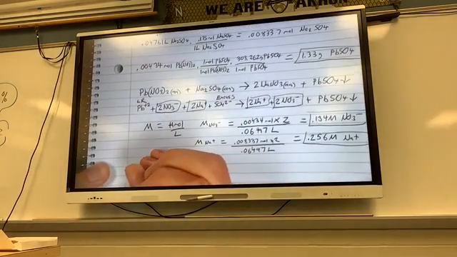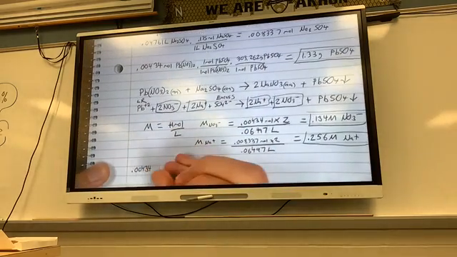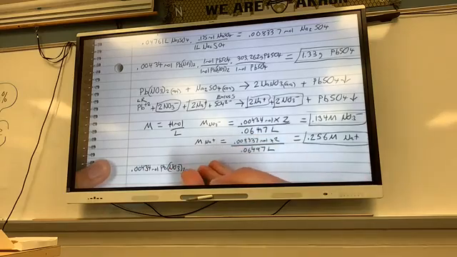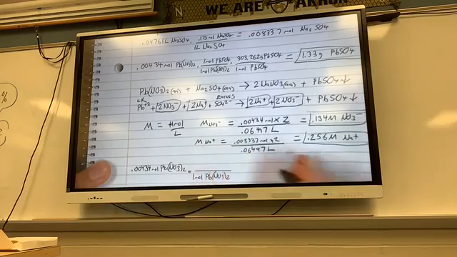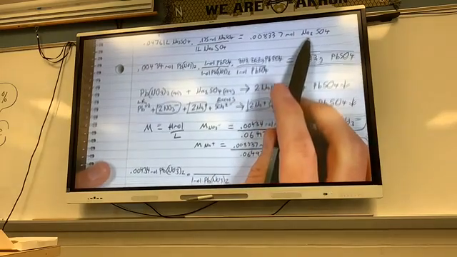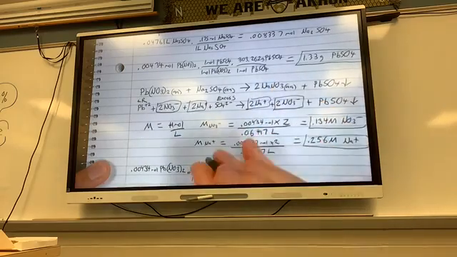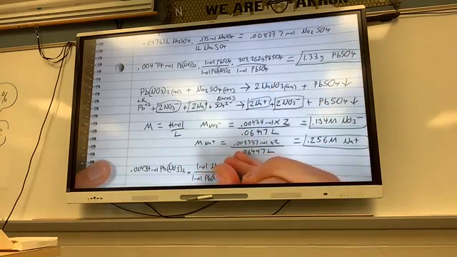So 0.00434 moles of PbNO3 2. Stoich step. For every 1 mole of PbNO3 2, I'm trying to get to moles of Na2SO4, because that's what has my SO4 ion, right? That's a 1-to-1. 1 mole of Na2SO4.